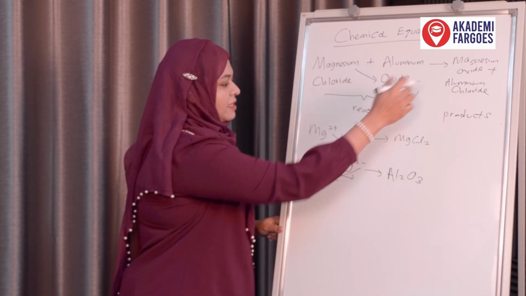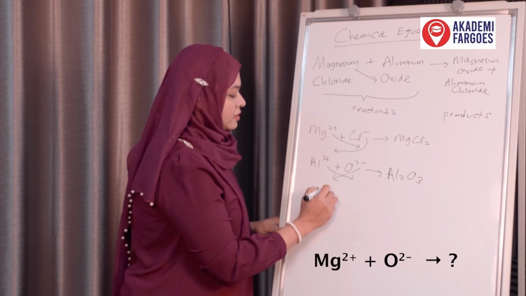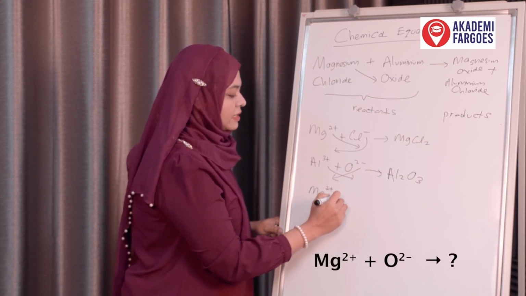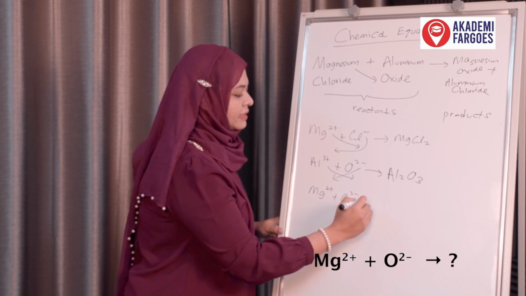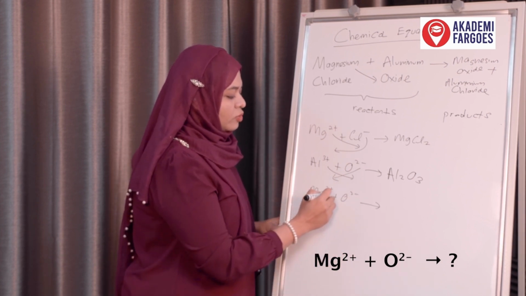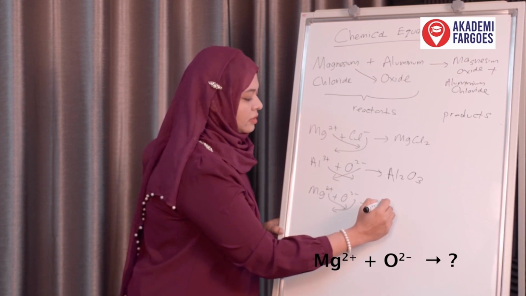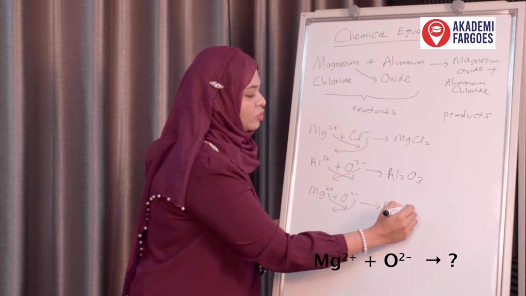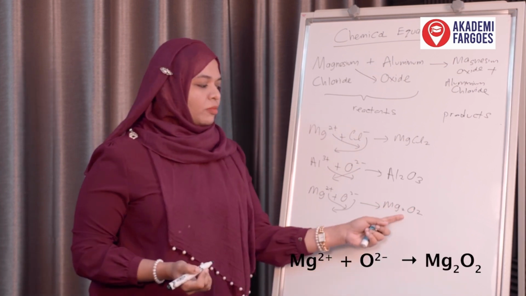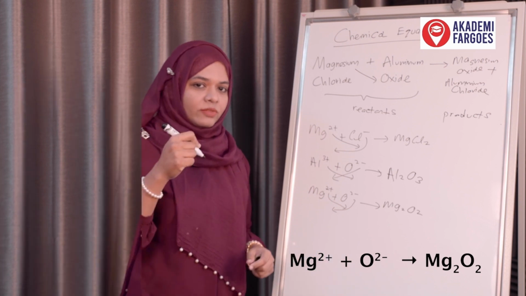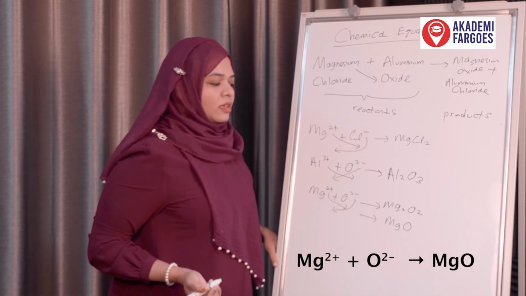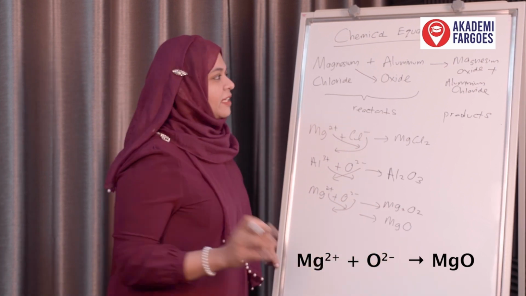Now, magnesium oxide. Mg is 2+, oxygen is 2-. Supposedly 2 comes here, 2 comes here, Mg2O2. Since both numbers are similar, you have to cancel them. It will become MgO. Clear? Right.